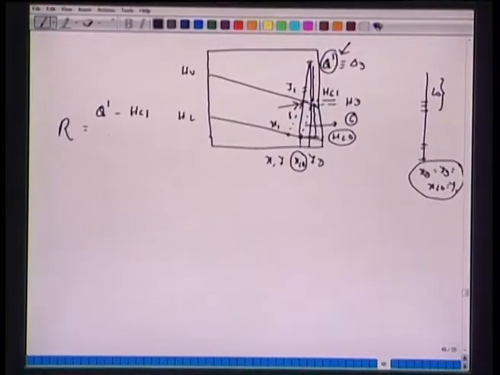Okay, so, Q prime minus HG1 over HG1 minus HL0, which would be this HL0 here. Okay. So, with that we can construct this HXY diagram for the two scenarios. One was the partial condenser and the second was the total condenser.